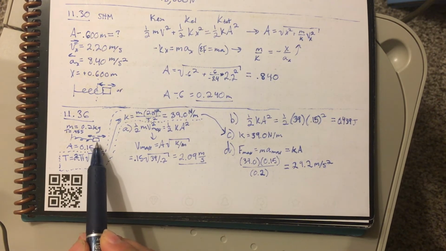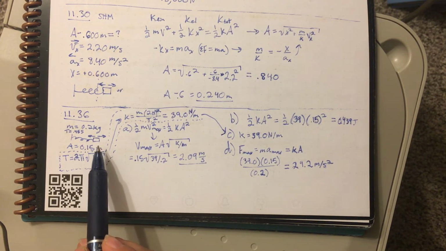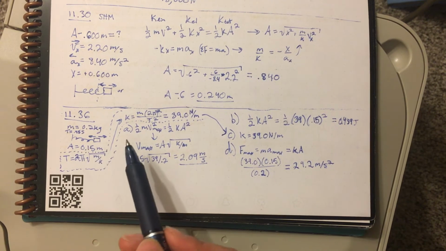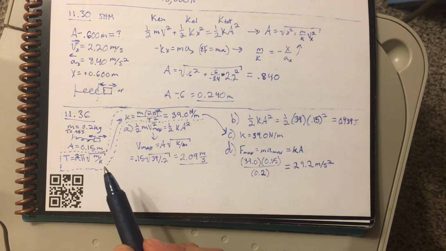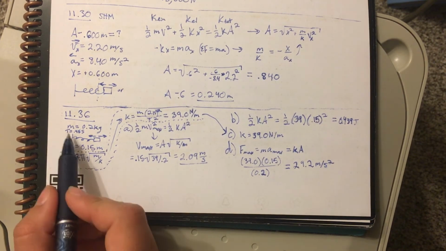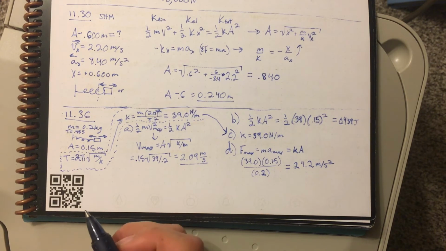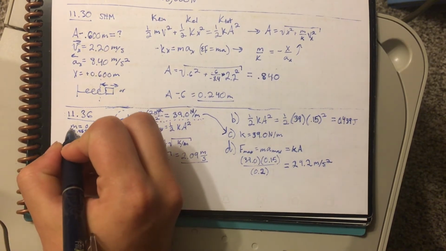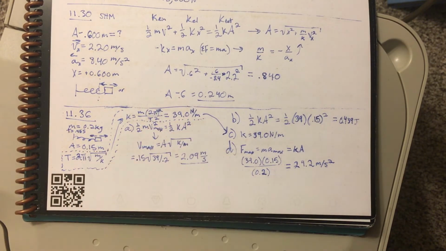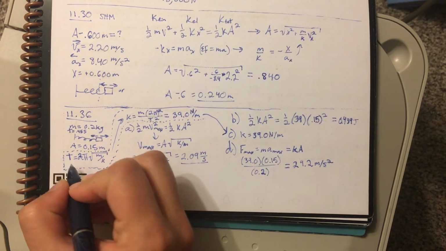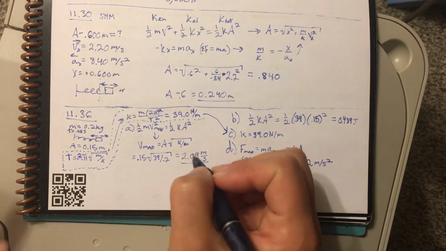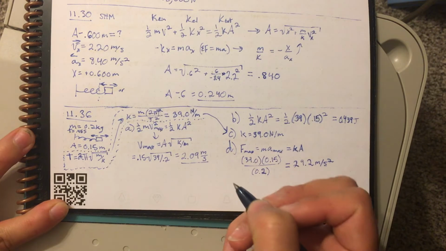I wrote that as t, but let me write that as a better t. I'm going to write that as a lowercase t so that you don't think it's tension.